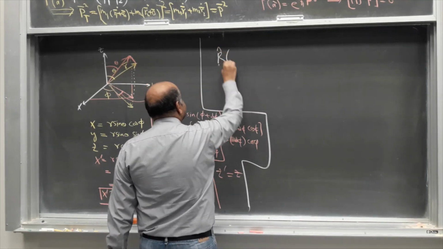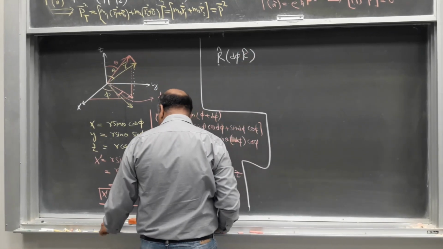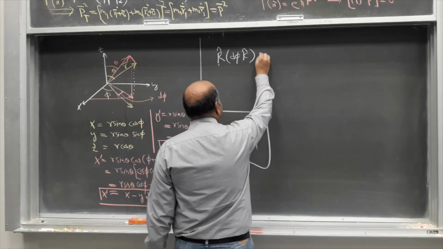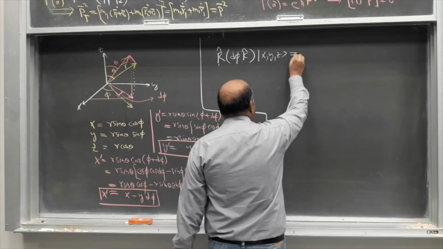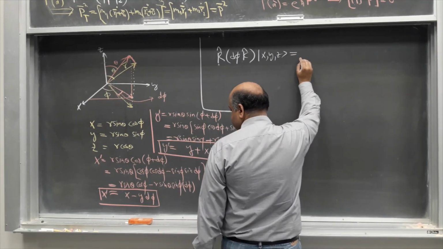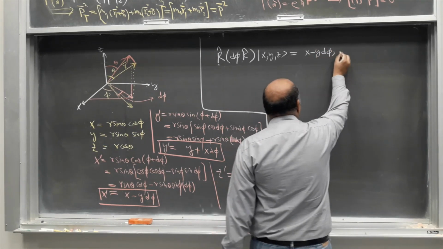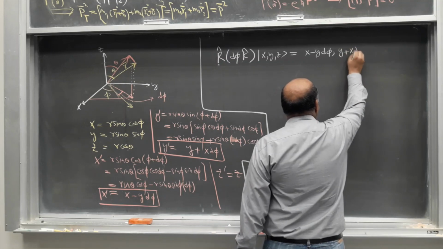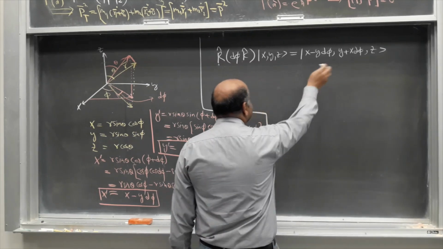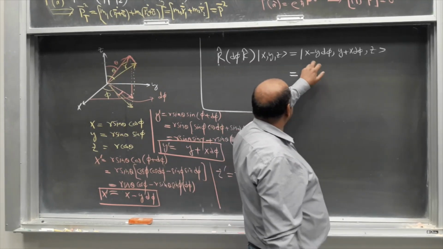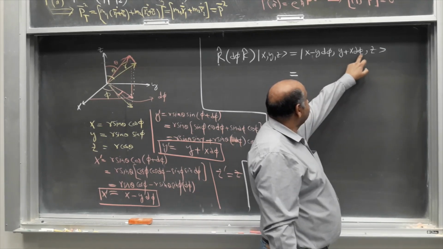If I apply this rotation operator around the z-axis by an angle d phi on a state x, y, z, what we get is this: x goes to x minus y d phi, y goes to y plus x d phi, and z remains the same. This is nothing but a translation of x by this amount, a translation of y by this amount, and z as it is.